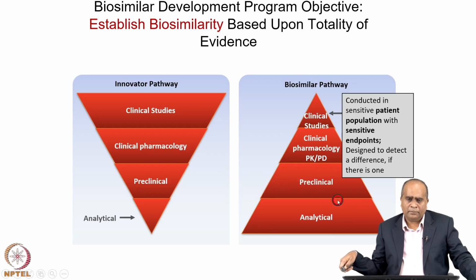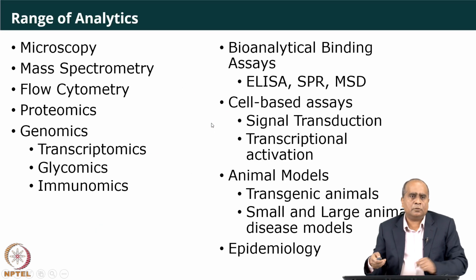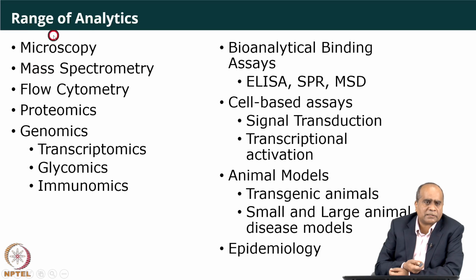So, physiochemical means biophysical techniques you have to do, then one has to do the biological assay to establish this. So, the range of analytics that is needed, some we discussed and some was beyond this course. Microscopy based and mass spectroscopy based methods: if you want to know the primary sequence of those proteins, you have to invoke mass spectroscopy.